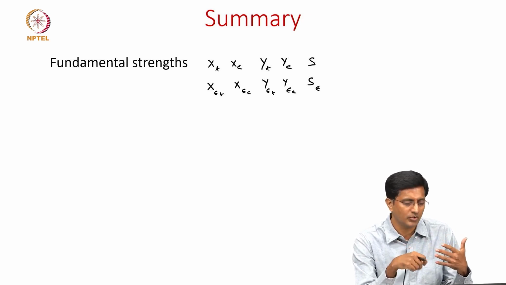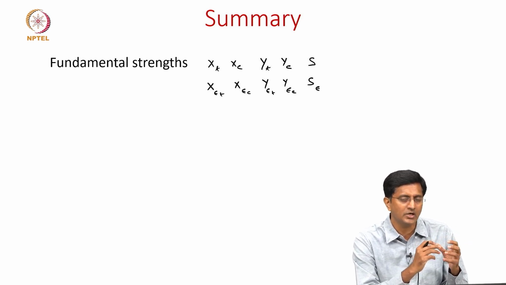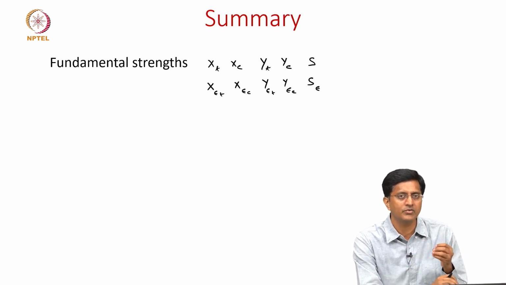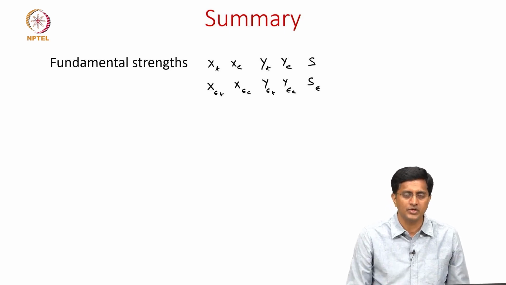There we will be looking at a couple of failure criteria and see how we can apply those failure criteria to predict whether there is a failure in this lamina or not. So with this, we will conclude this video and see you later.